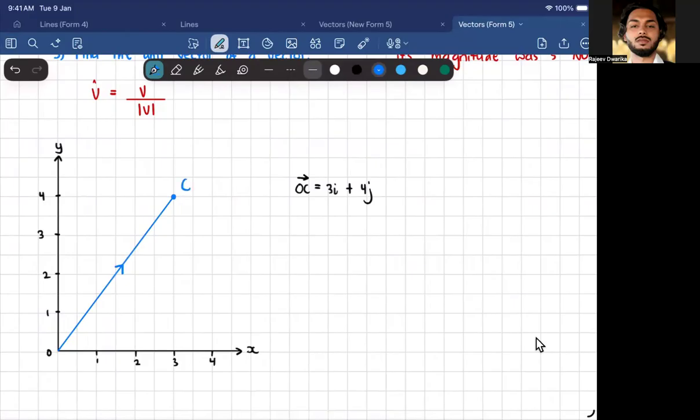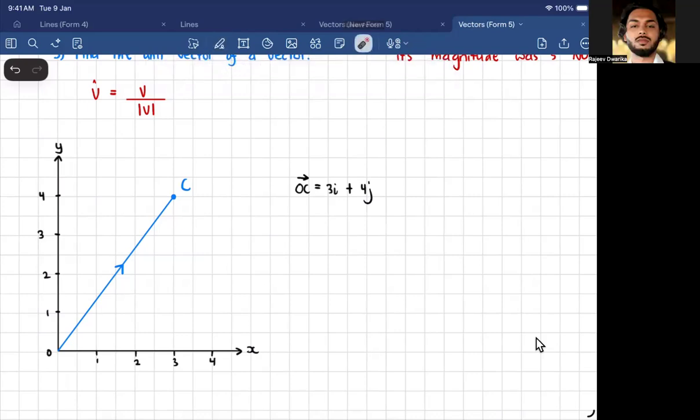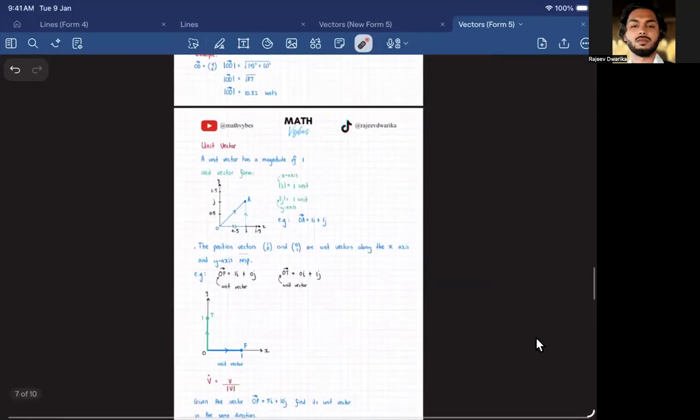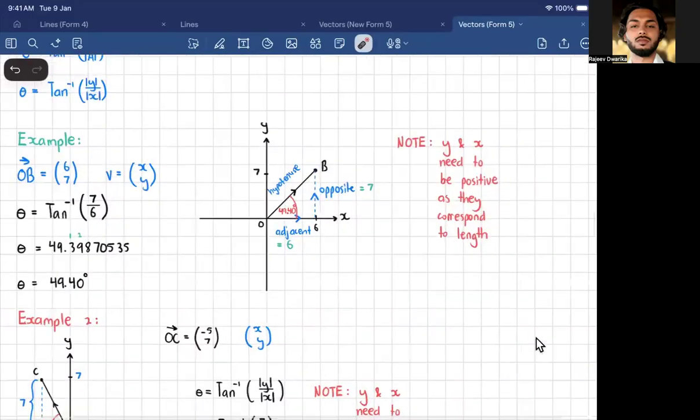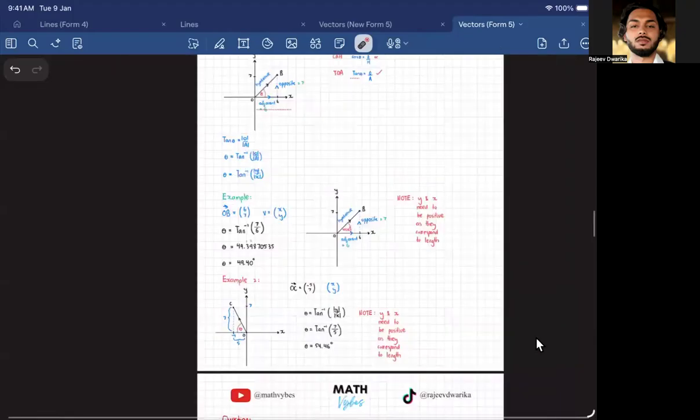Yeah? Yes, sir. And do you actually understand what the magnitude is, or you're not sure about it? You just know it's something we had to find. So is it not the distance? It is the distance, so that would be this over here, right? Remember in the last class, I showed you that is just Pythagoras theorem, and we were trying to find the length of the hypotenuse.